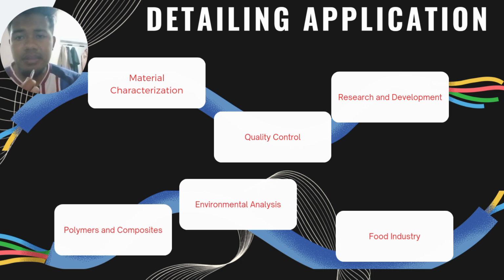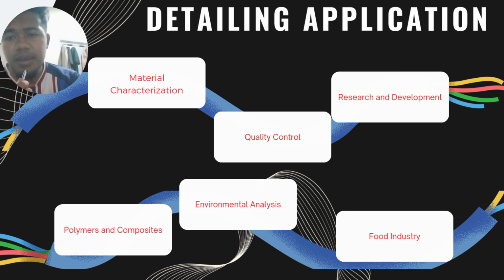TGA can help in the analysis of waste materials to determine their composition and thermal decomposition characteristics. This is important for developing waste treatment and recycling processes. Next is the food industry.